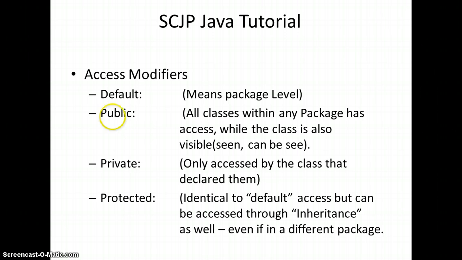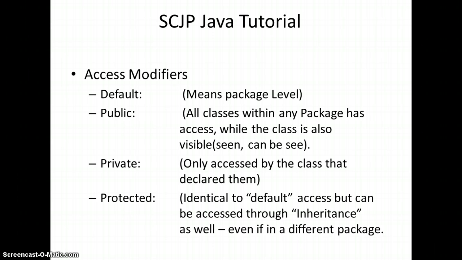Public: all classes within any package have access, while the class is also visible, or can be seen. Remember that, while the other class is trying to access the public class, it must also be visible in order to access it.